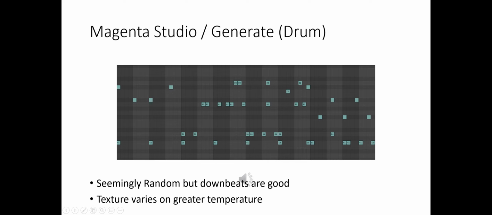From this output example, we can see that the kicks are well arranged and other instruments are kind of scattered around. The texture changes more at greater temperature.